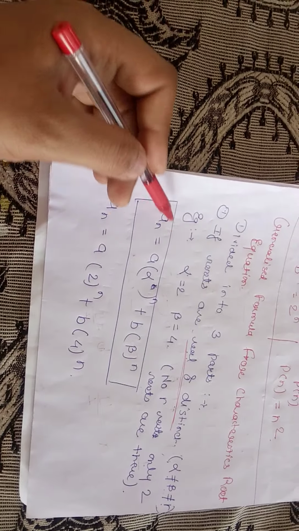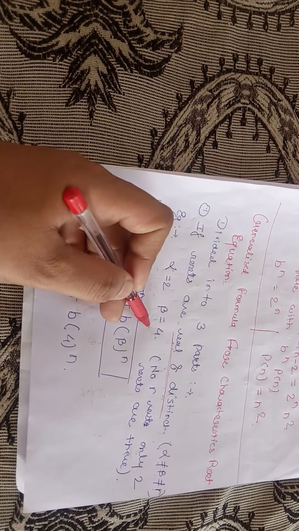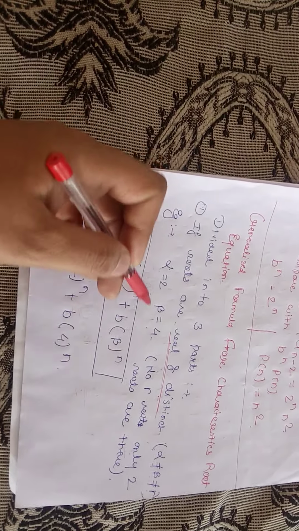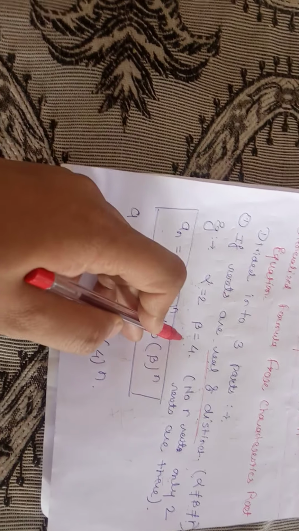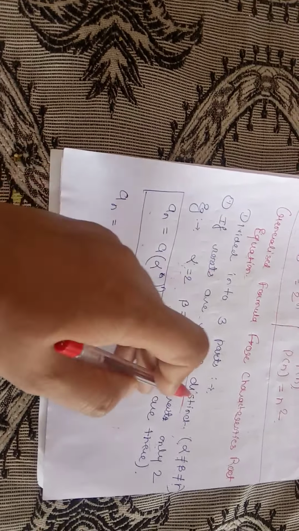That means if none of these three values are equal, then I can say that the roots are real and distinct. Distinct means not the same root. Fine. For example, I have alpha equal to 2 and beta equal to 4, and I have only two roots, alpha and beta, not a gamma root. Then I can say that the roots are real and distinct. That means the values are not equal, so they are distinct roots, and in this example I have only two distinct roots.